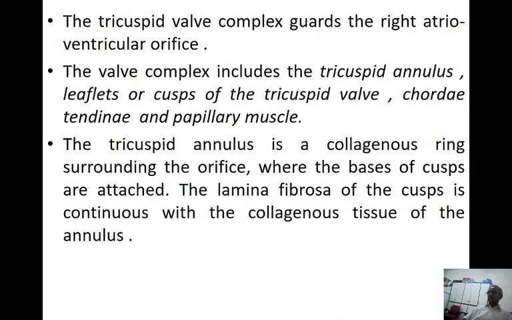The tricuspid valve complex guards the right atrioventricular orifice inlet. The valve complex includes the tricuspid annulus, leaflets or cusps of the tricuspid valve, chordae tendineae, and papillary muscles. The tricuspid annulus is a collagenous ring surrounding the orifice where the bases of the cusps are attached. The lamina fibrosa of the cusp is continuous with collagen tissue in the annulus.